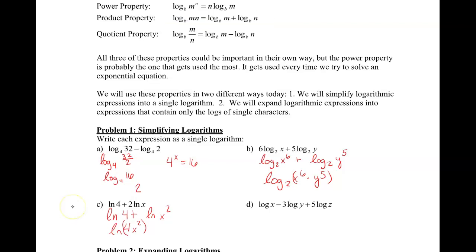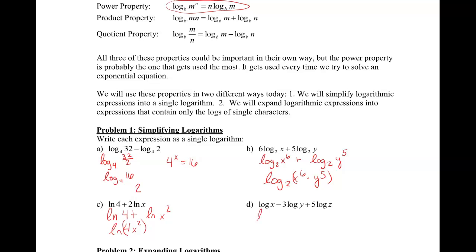Alright, on D I've got all of my log rules. So I've got log of x minus 3 log of y plus 5 log of z. So again, the first one I'm going to use is that power property. I tend to use that one first if I'm going to have to use it, since I see numbers out in front.